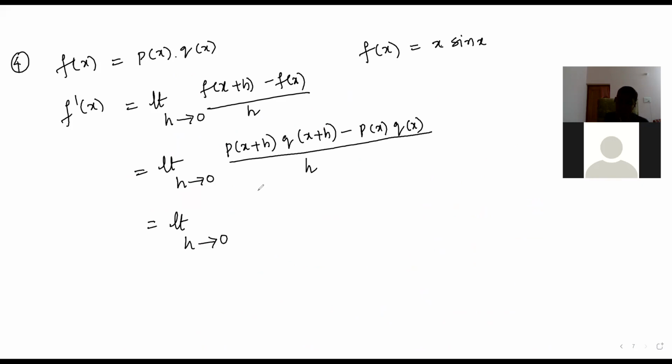Addition and subtraction. Okay, anyway, I think we have to, like this, maybe p of x, q of x.